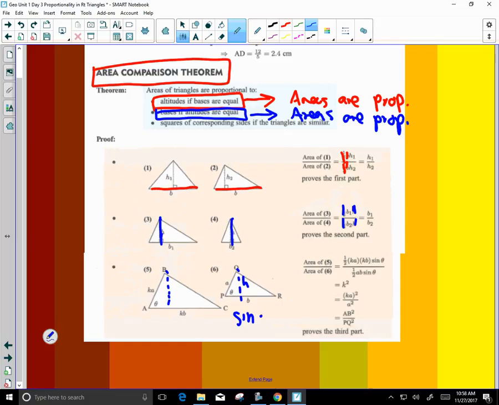What's the sine of theta equal to in terms of h and a? You have height opposite, hypotenuse A, so it's just h over a. So h is a sine theta.